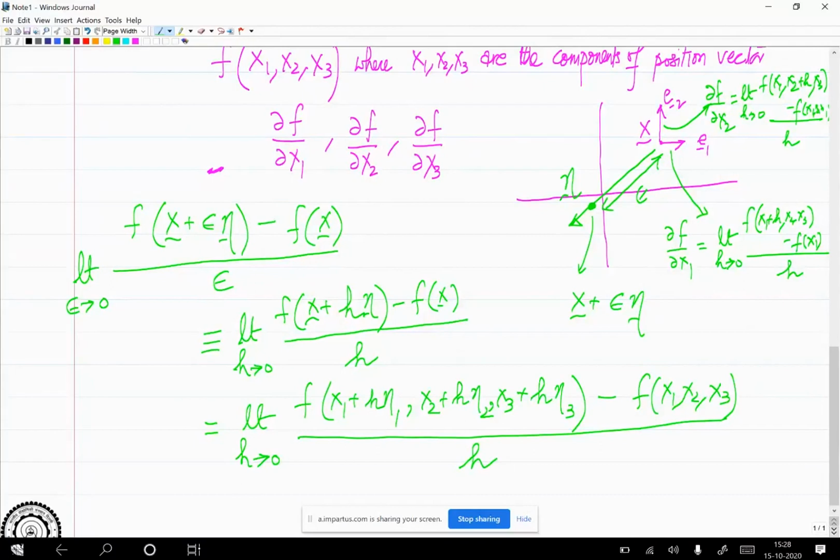So basically, as I move along eta, I'm changing all three components, x1, x2, x3, and that's why all three arguments have changed here.